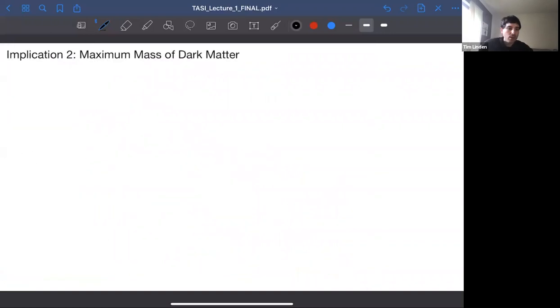The second implication is almost as straightforward, actually maybe even more straightforward. The maximum mass of the dark matter particle can also be calculated here. This is the very hard conceptual idea that dark matter can't be heavier than the dwarf galaxy.